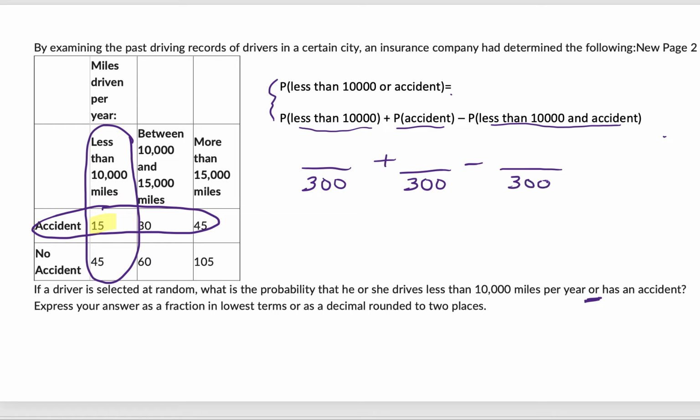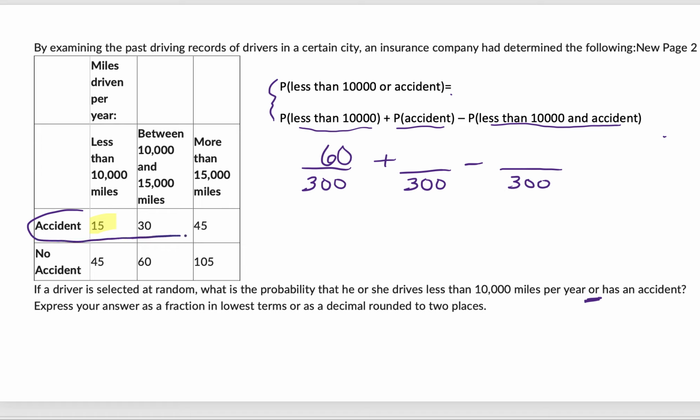All right, so let's look at the less than 10,000 miles. So less than 10,000 miles, we would add the 15 and the 45. So that would give me 60. All right, next comes the accident piece. So that would be 15 plus 30 plus 45.